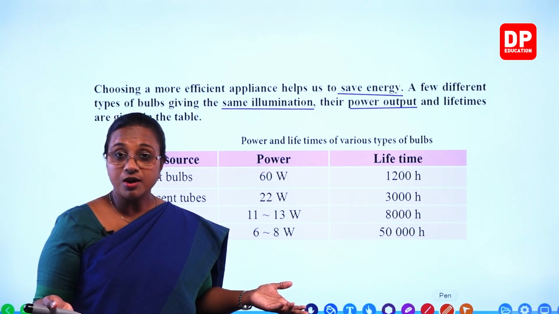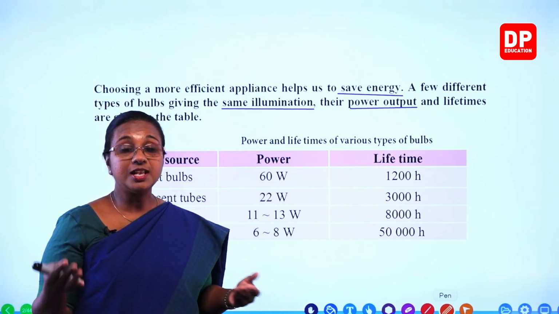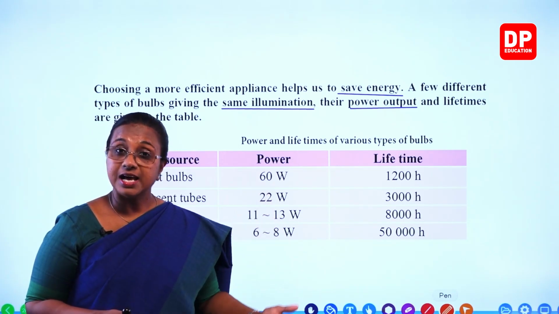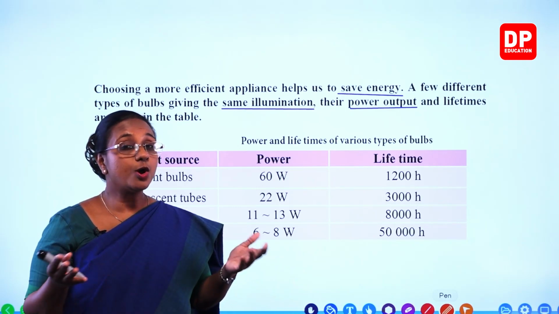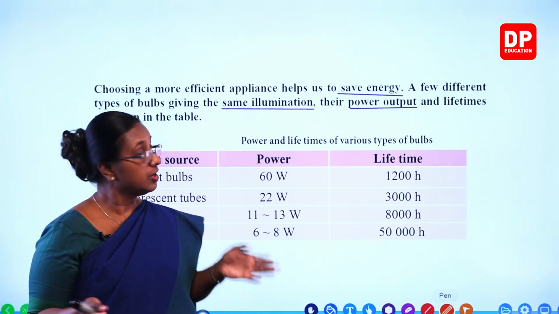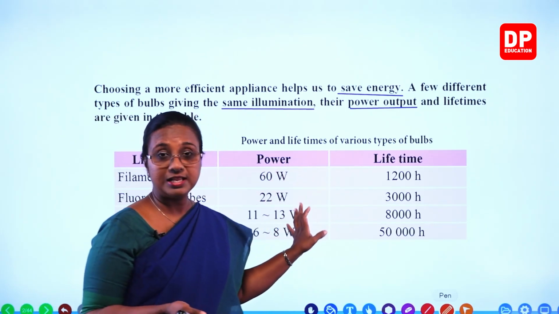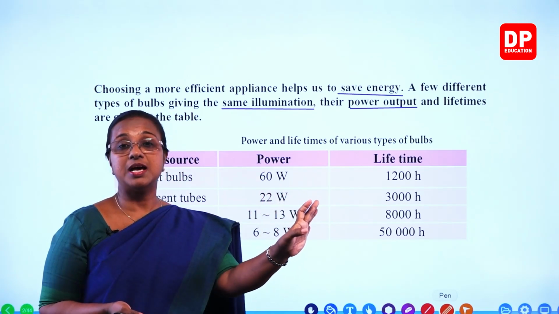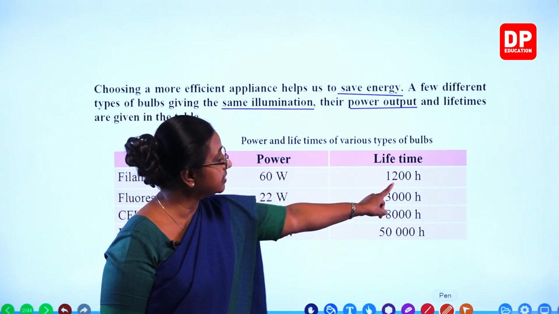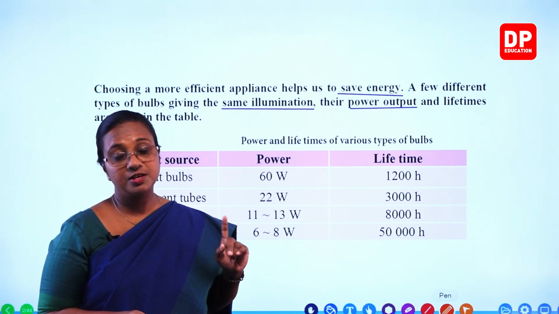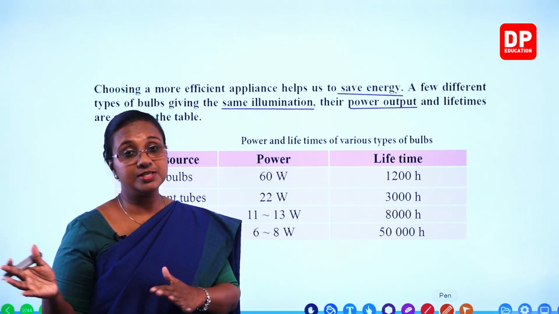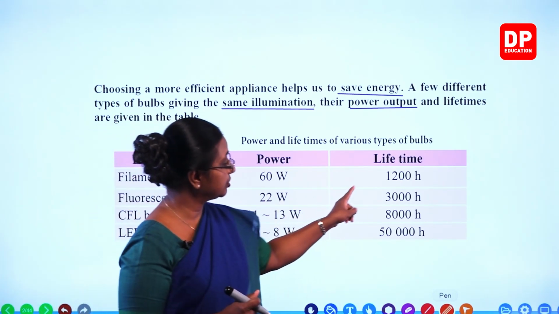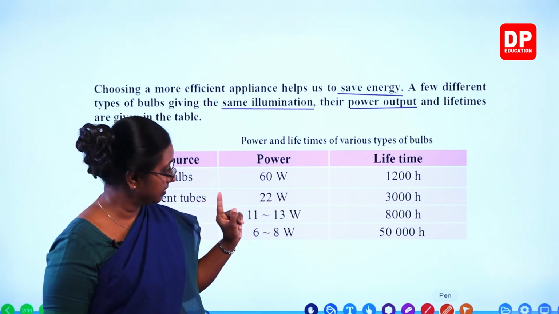At night when you're sleeping, you don't need it. And in the daytime also, when there's enough sunlight falling into the place, you may not need the light. So we switch the light off and on, but the maximum time period you can use is 1200 hours. So it is not going to be continuous, but in total you can use it for 1200 hours.